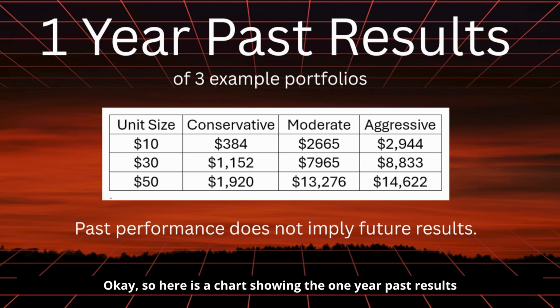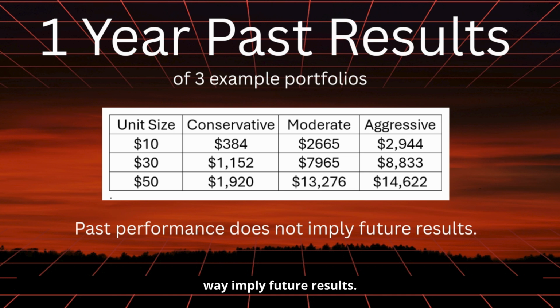Okay, so here is a chart showing the 1 year past results of the hypothetical portfolios that were generated, plus a more aggressive one using $10, $30, and $50 unit sizes. And I want to be clear, past performance does not in any way imply future results.